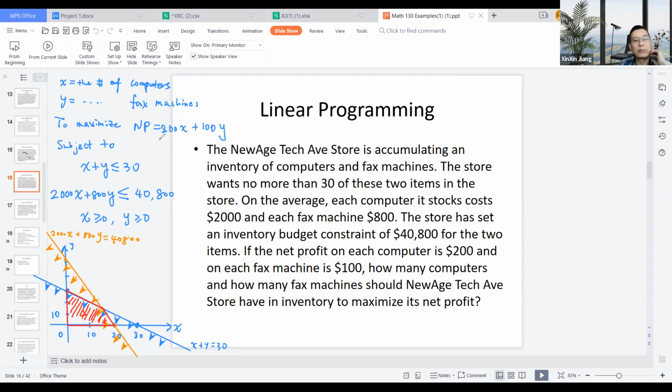If the objective function and the constraints are all linear, then the minimum or maximum of the objective function is reached at some corner points. If they have a maximum or minimum, then it would be reached at some corner points.